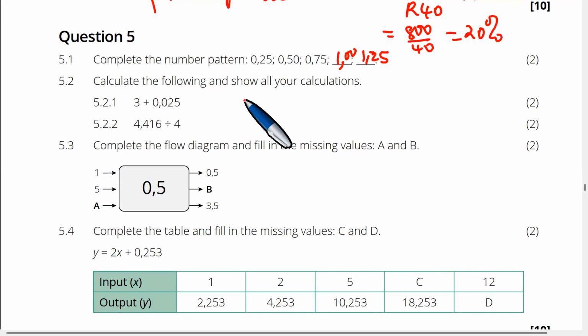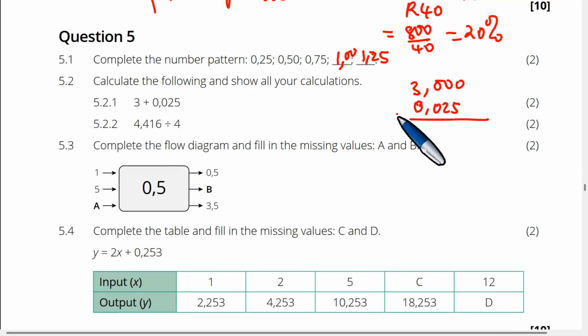All right, let's look at 5.2. Calculate the following and show all your calculations. So 3 plus 0.025, what's the answer? Is it 0.028? Okay, that's fine. What you need to do here is take the number 3 and add it to 0.025. How many decimal places here? 3 of them.